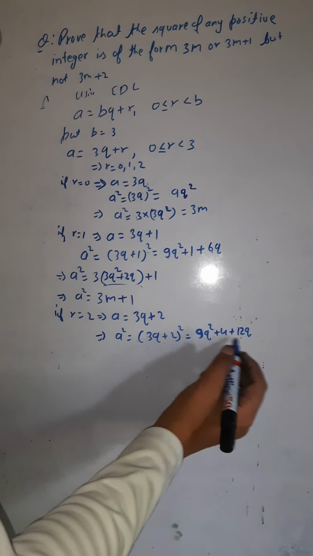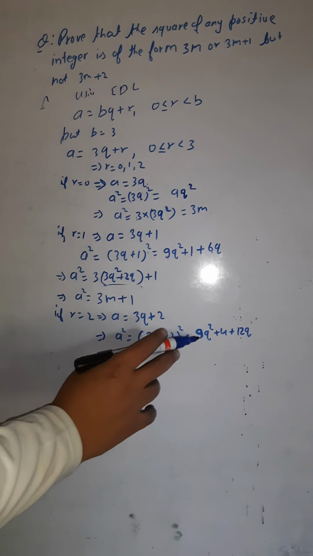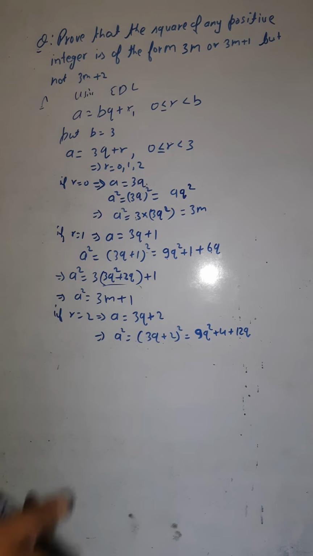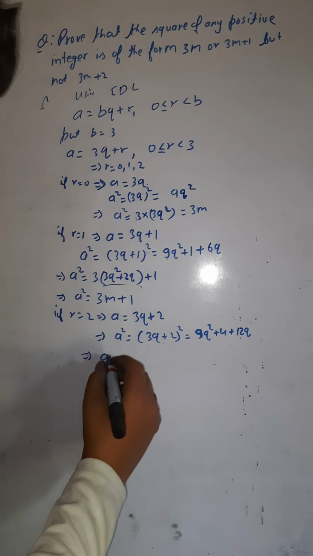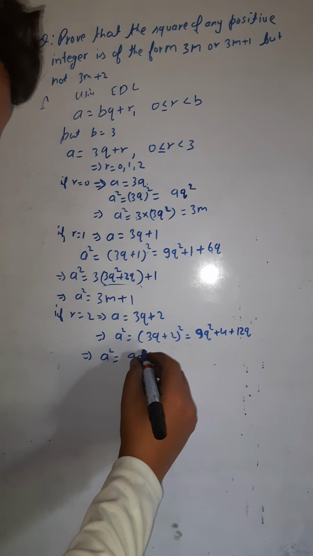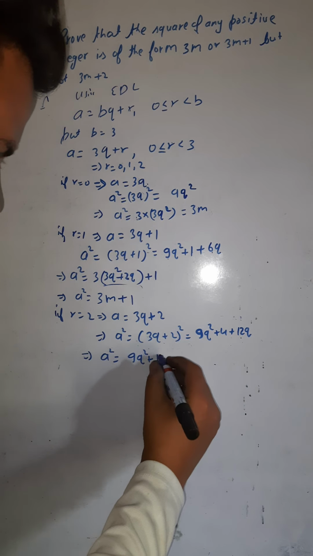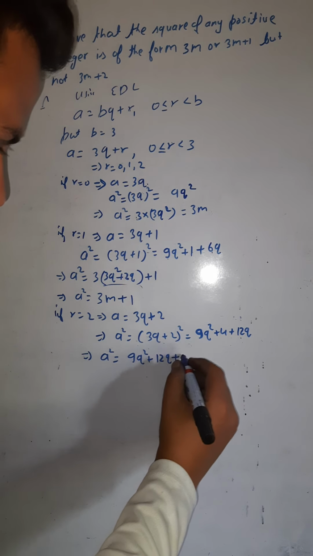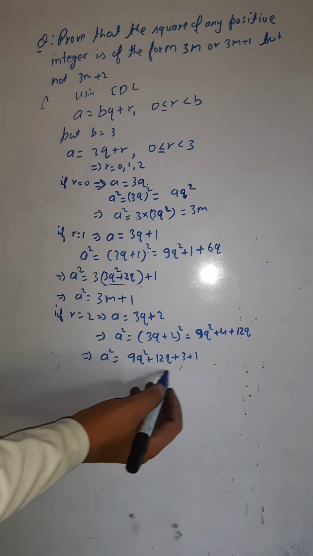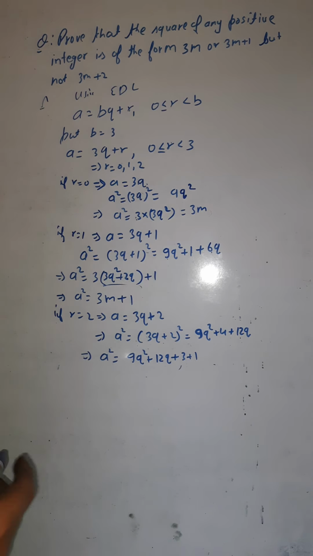Now among these two, again I can take 3 common, but I can write this 4 as 3 plus 1. Remember this. It implies a square would be 9q square plus 12q plus this 4 can be written as 3 plus 1. Now among these 3 I can take 3 as common.